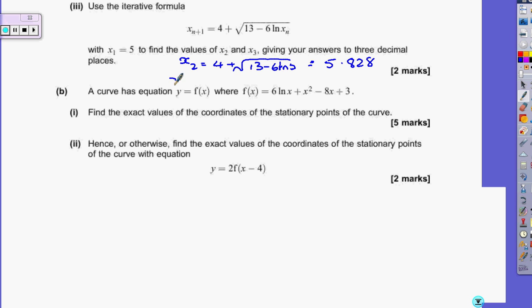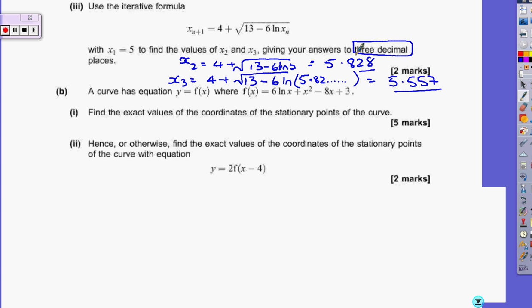Then for x3, you do 4 plus square root of 13 minus 6 ln of that answer, 5.82 and so on. Do not round it. And you get the answer 5.557 when you round it to the 3 decimal places they were after. Okay, that's that one done.